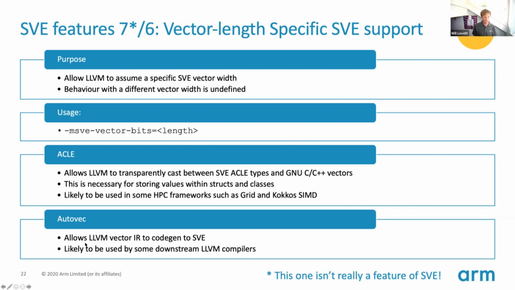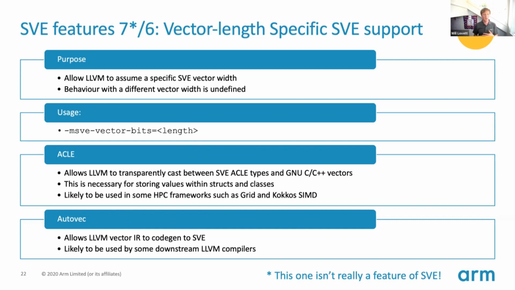And then also, if you give this flag, then it's reasonable for LLVM IR, that's known width vector IR of a correct size, to be lowered to SVE registers or SVE vectors.